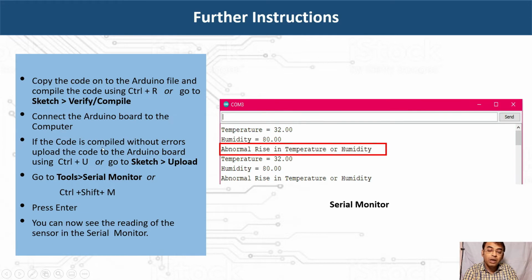If the code is compiled without errors, upload the code to the Arduino board using Ctrl+U, or go to Sketch and then Upload. Go to Tools, Serial Monitor to check the output. This is the serial monitor, you can see, guys. Press enter. You can now see the reading of the sensor in the serial monitor. So those are the steps you have to follow.